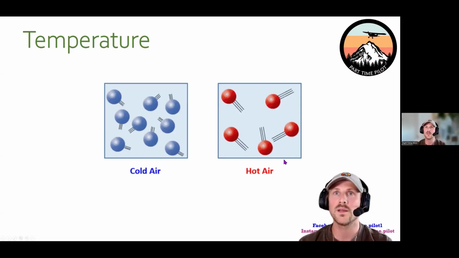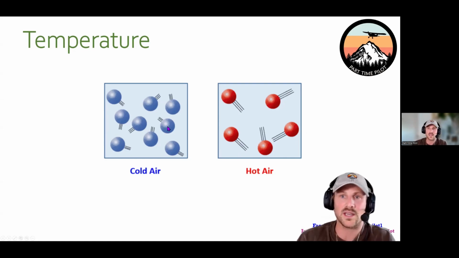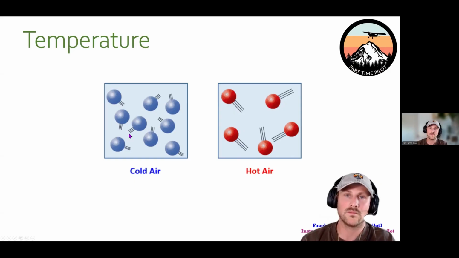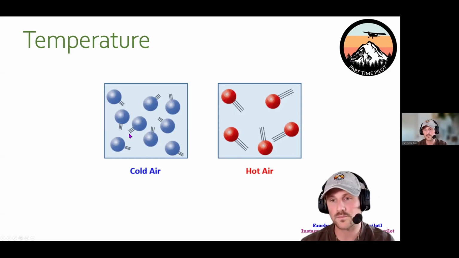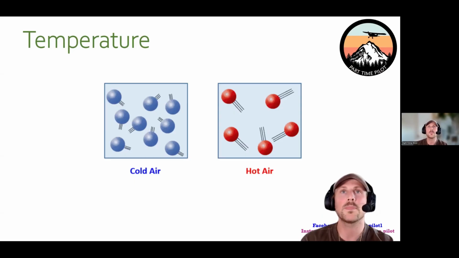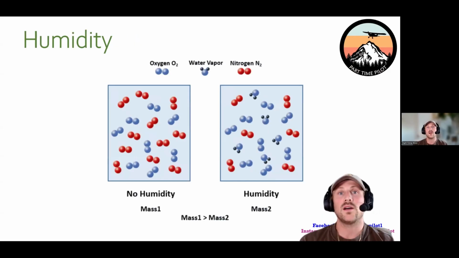That's like hot air. In cold air, they all have less energy and they all start huddling up together, and they get that contraction. All right, so that's temperature. Basically, with an increase in temperature, the reason the density goes down is because the molecules spread each other out. All right, now humidity.